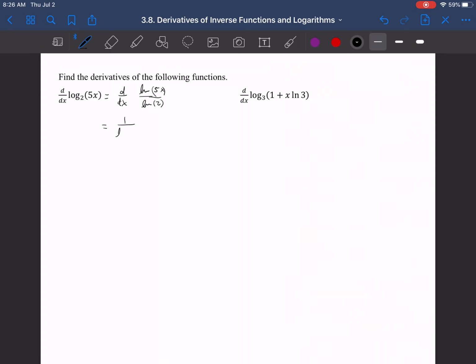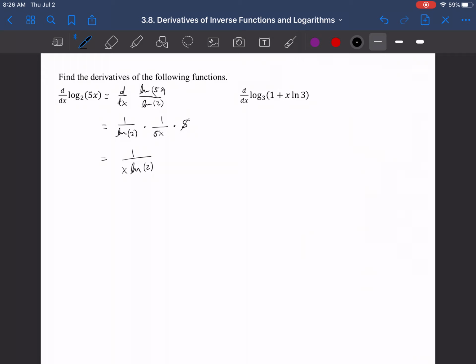So it becomes 1 over the natural log of 2 times the derivative of the natural log of 5x. The outer derivative is 1 over 5x times the inner derivative, which is 5. So this just becomes 1 over x natural log of 2, because the 5s cancel. And there's our derivative.